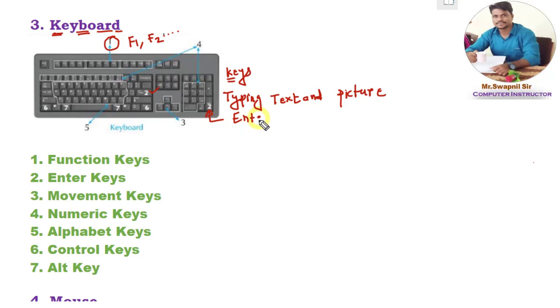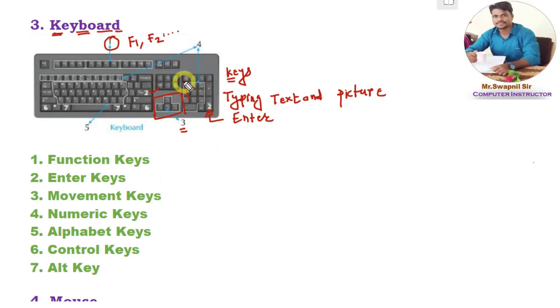Dear student, enter key is used to type from next line. Then these keys are all called arrow keys, and arrow keys are used to move the cursor: up, down, left, right.